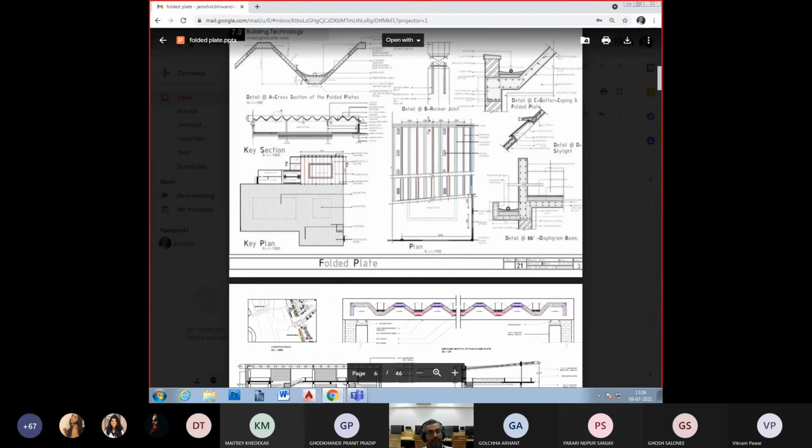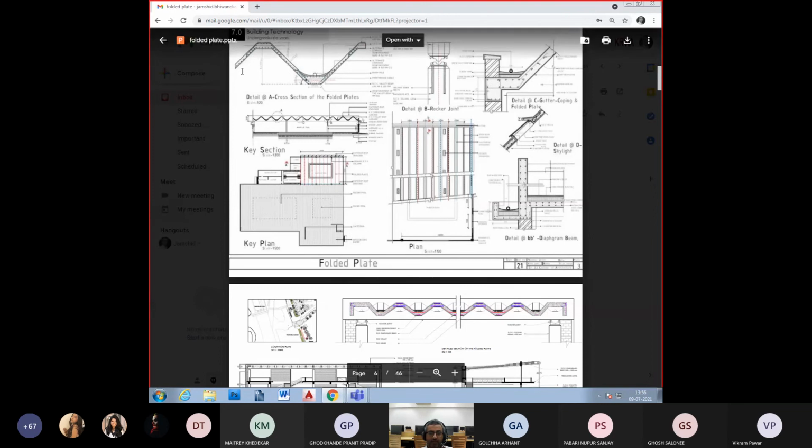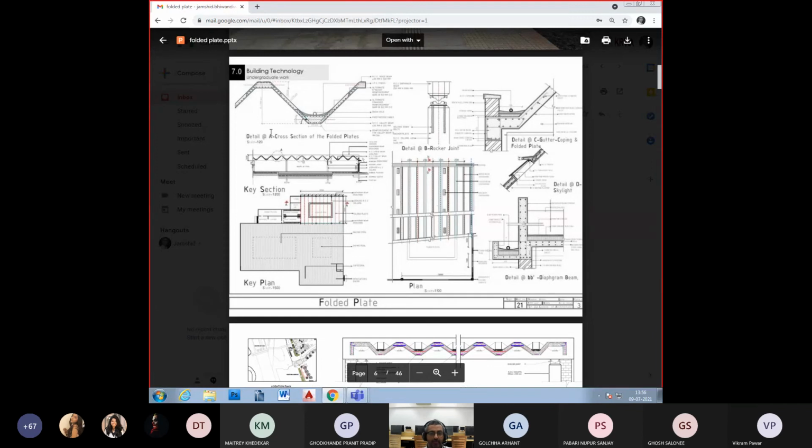If you look at the conventional folded plate, this is the sheet of a conventional folded plate, whereby you have the folds preferably in the shorter direction.